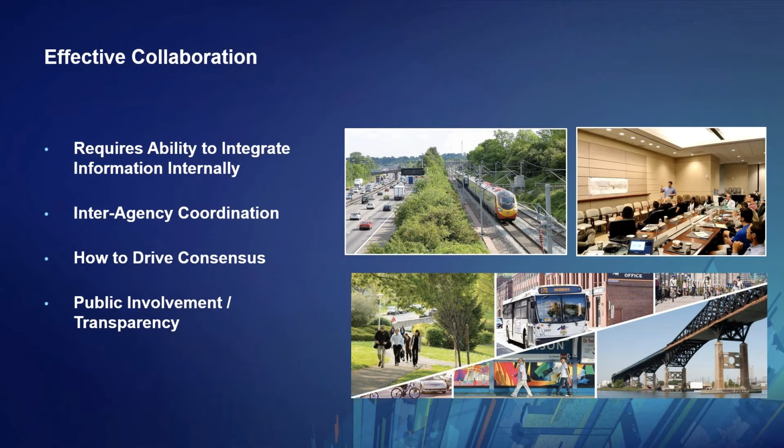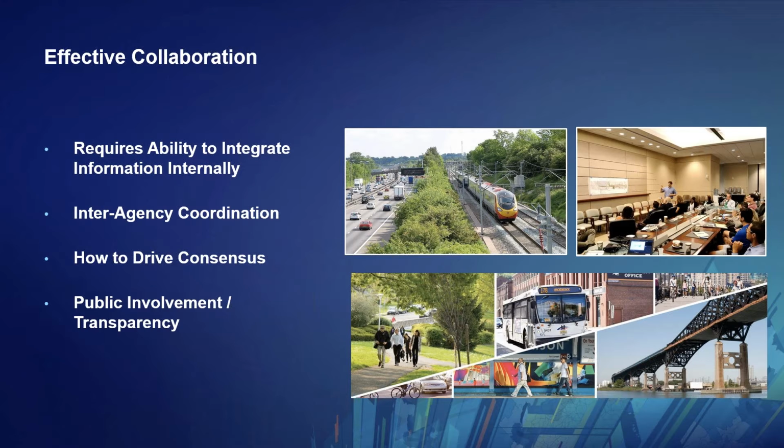And then secondly, as we mentioned, it's that ability to share information between different agencies, between the DOT and the state EPA or other agencies, and between the DOT and the MPO. In turn, sharing that information is a precondition for the analysis and how we can help drive consensus around these critical decisions.